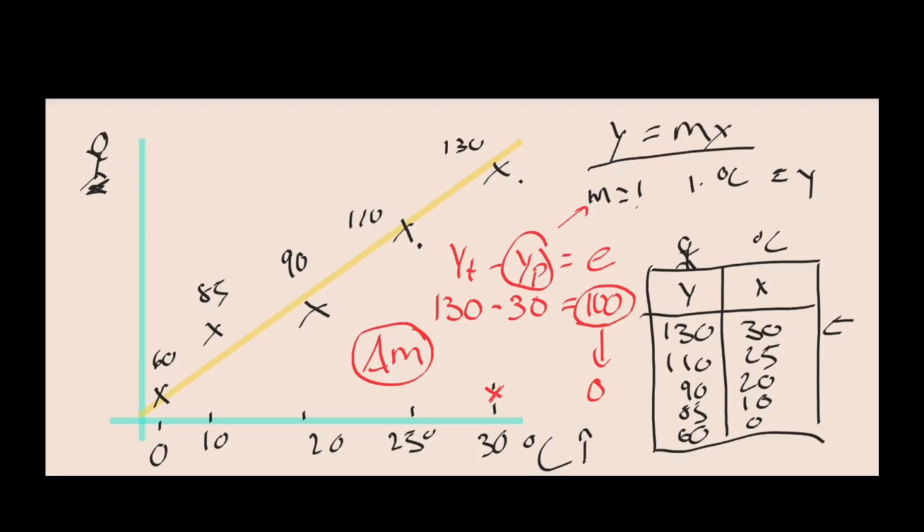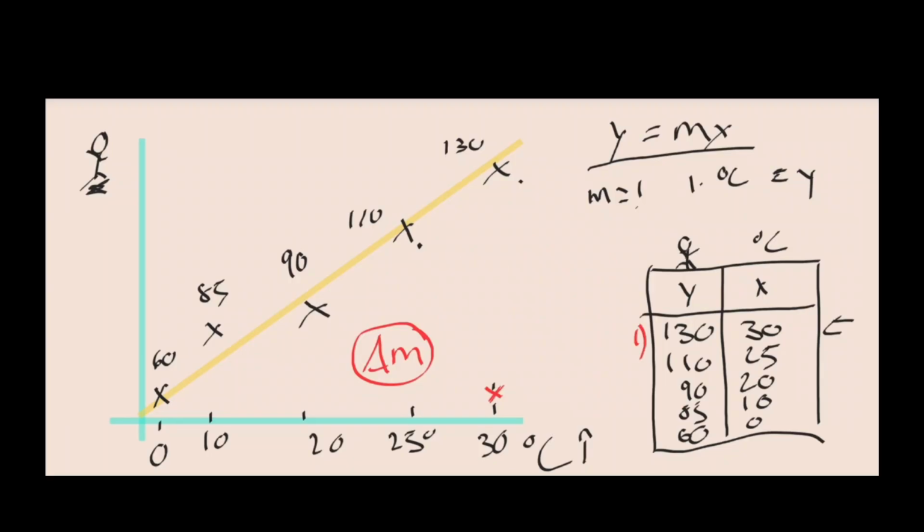So maybe you probably need to add a bit more to your m. The equation is telling me I should increase my m. So after my first try, I'm going to increase my m by 10, let's say.